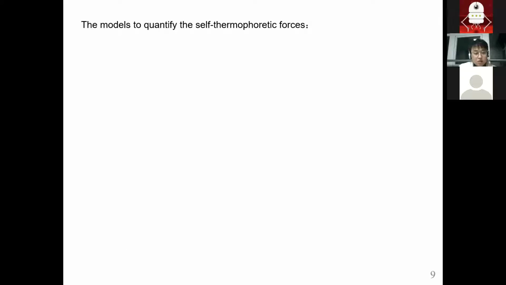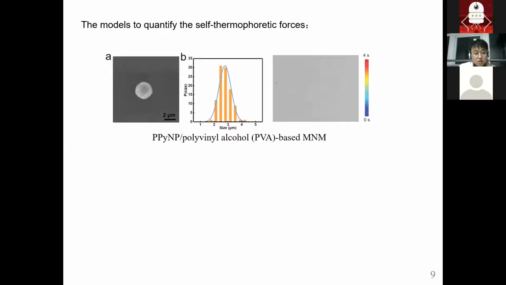To better elucidate the motion mechanism of the micromotor, you can see these movies. It only exhibits the positive and negative phototaxis.